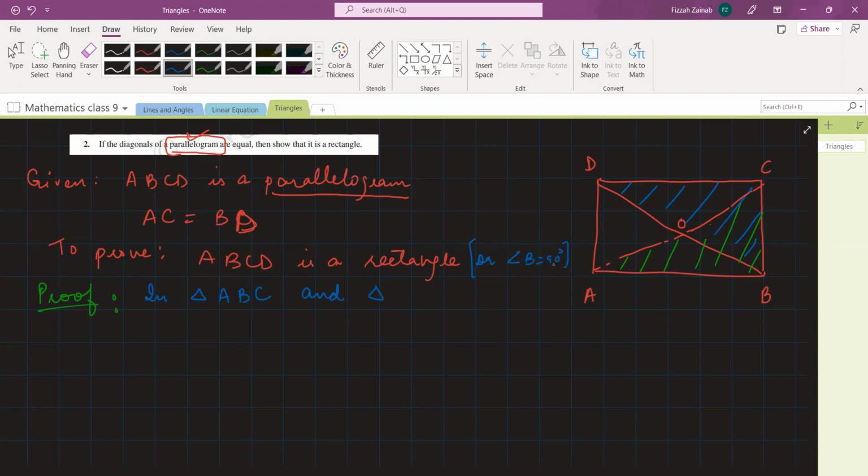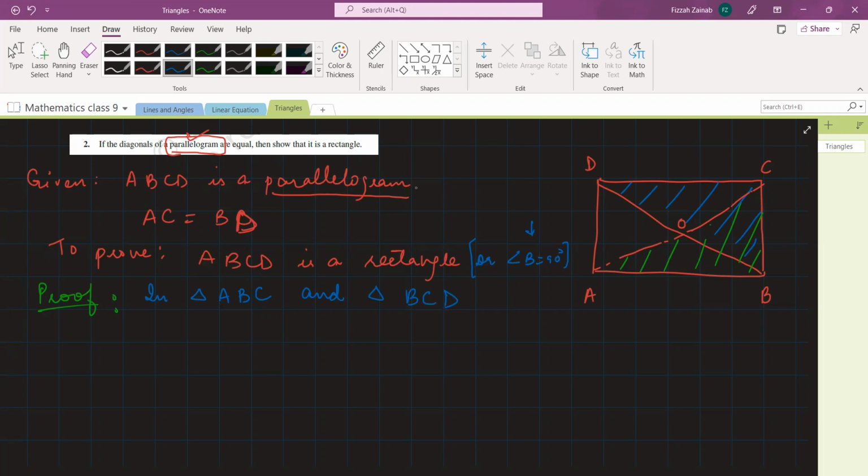Any one angle is 90-degree, right? Okay, in triangle ABC and triangle BCD. Why am I writing angle B? Because I'm taking this side of the triangles. So I'll get angle B 90, not angle A, right? For angle A, I have to take the left side of the triangles.